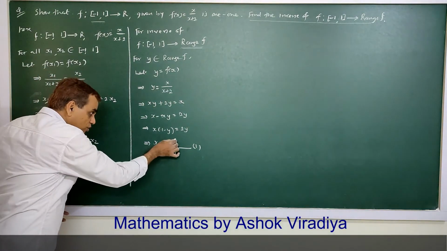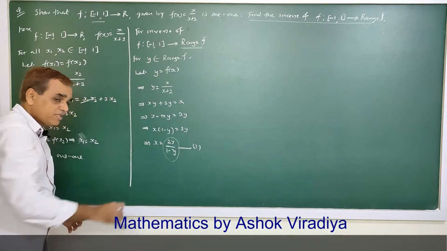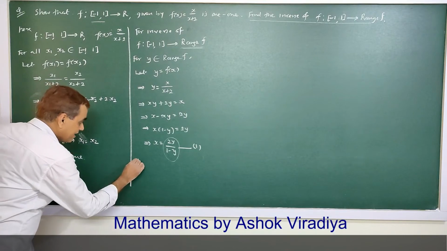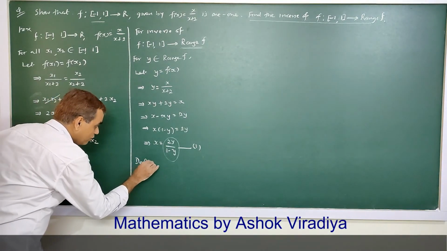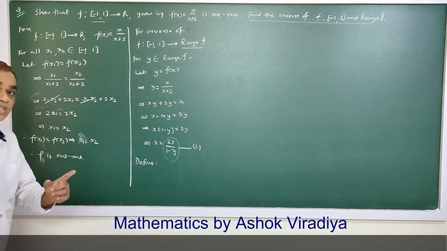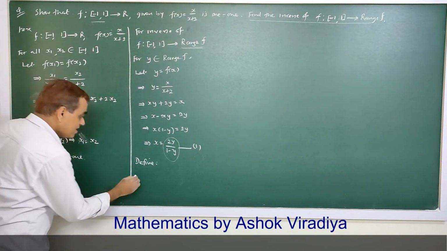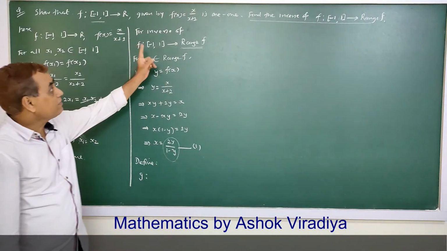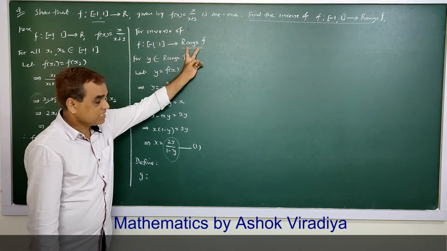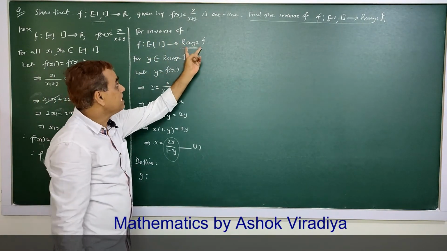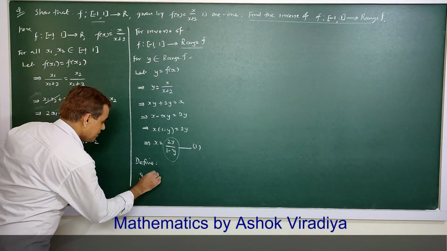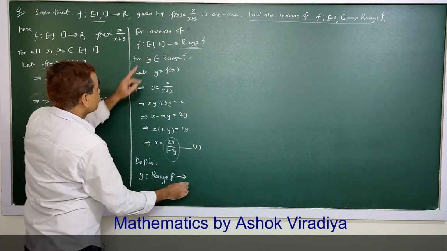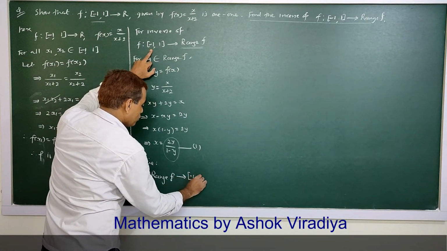Now, observing this expression, we are going to define g. So we want the inverse of this function from A to B, so define g from B to A, g from the range of f to [-1, 1].